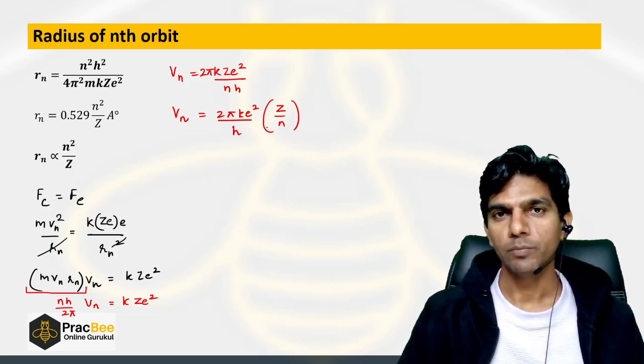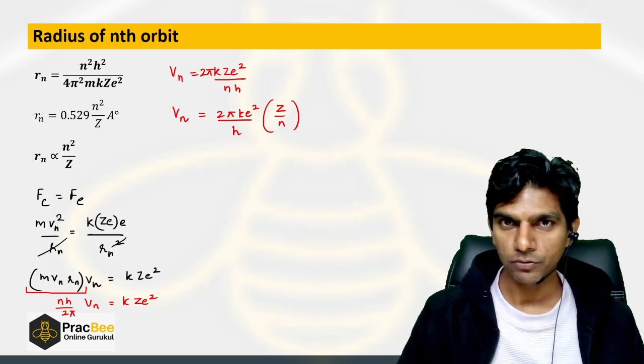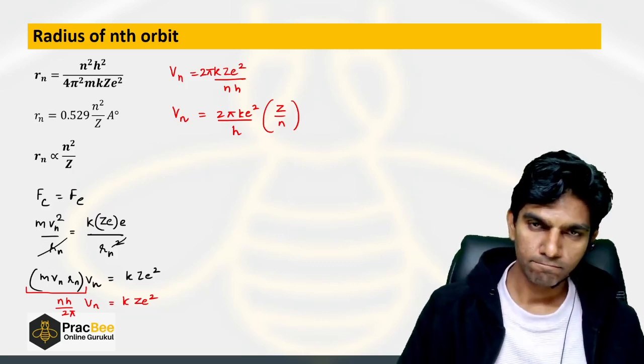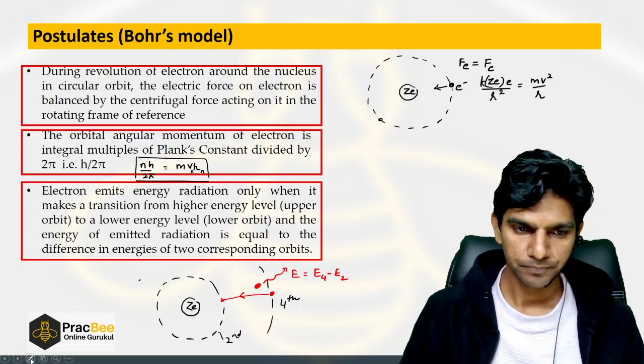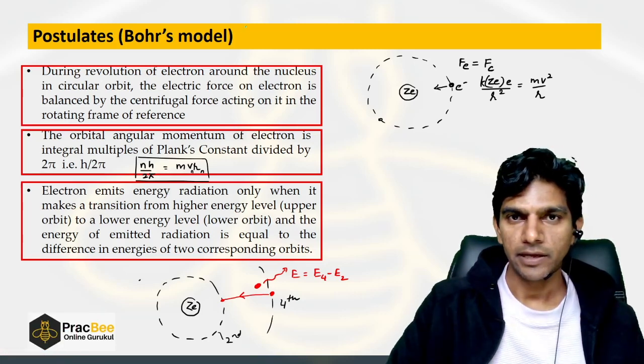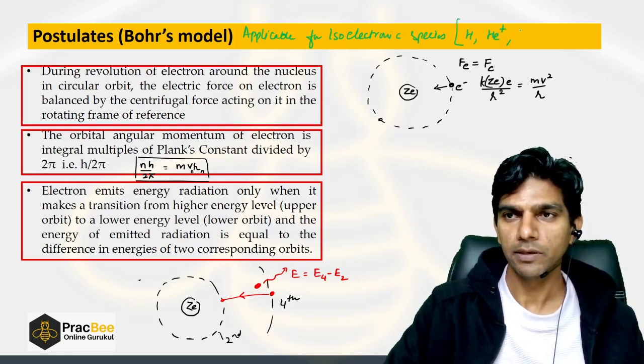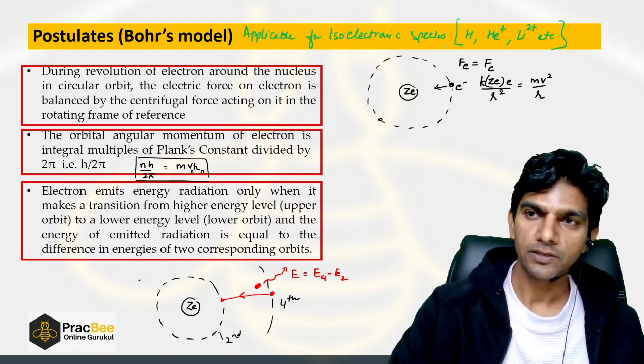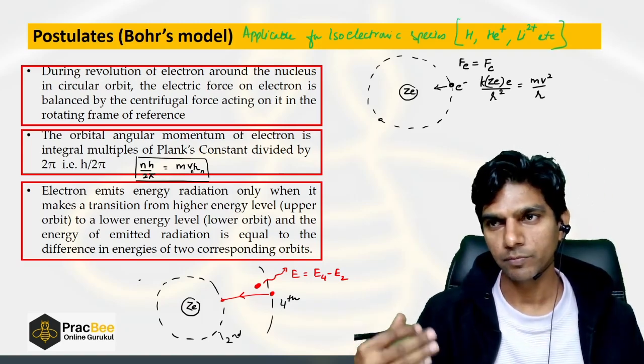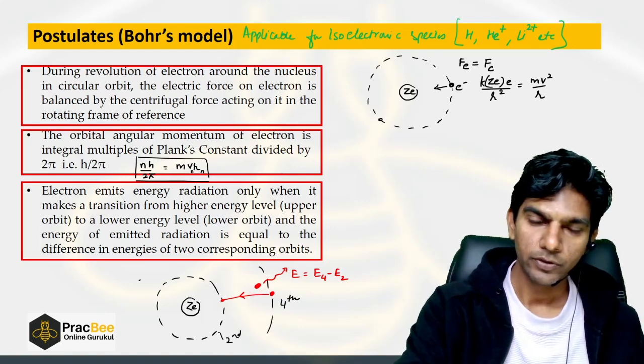And do remember this, Bohr's model is applicable for single electron species, like hydrogen, and then we have helium plus, lithium 2 plus, like this. So do remember this. And suppose we are talking about lithium 2 plus, in that case Z will be 3. For helium it will be 2.